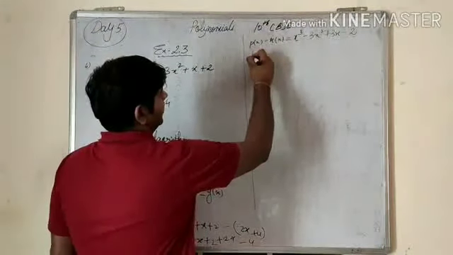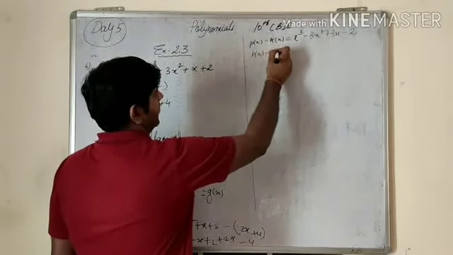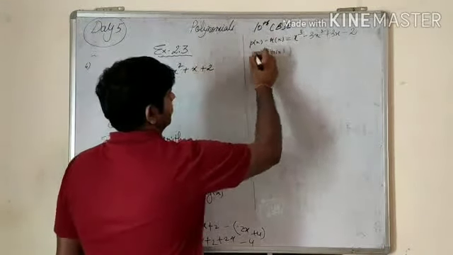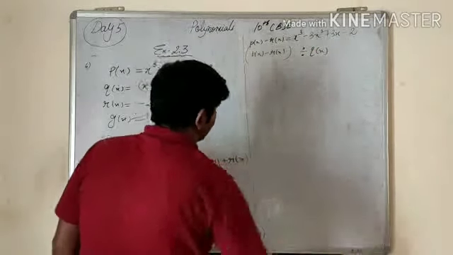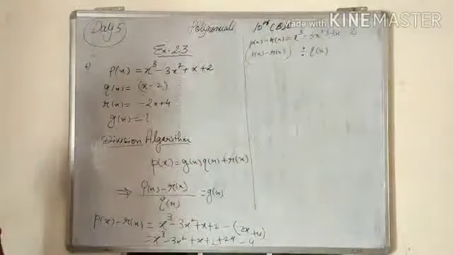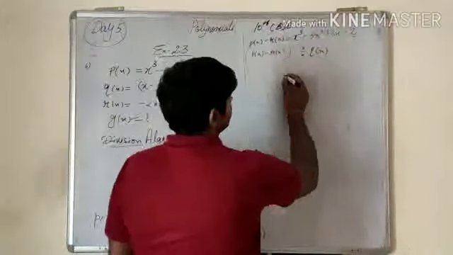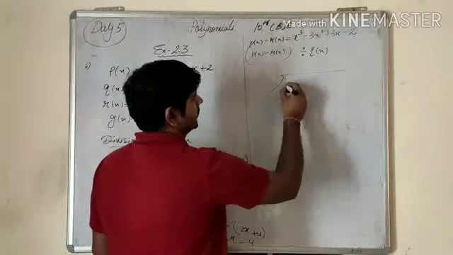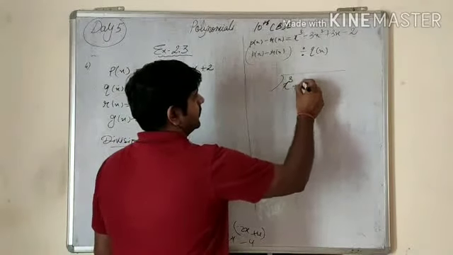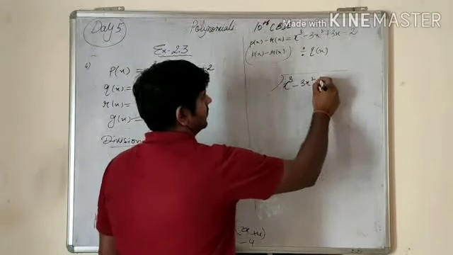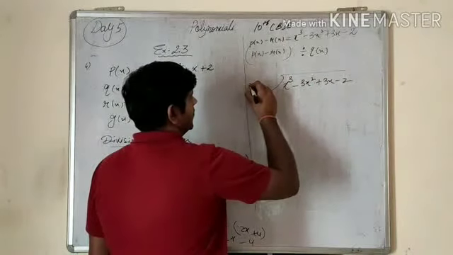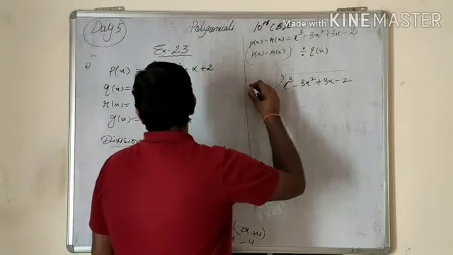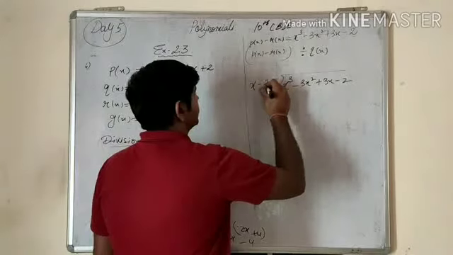Now we will divide this p(x) minus r(x) by q(x) to find out the value of g(x). So this is the process of division: x cube minus 3x square plus 3x minus 2 divided by q(x), which is x minus 2.